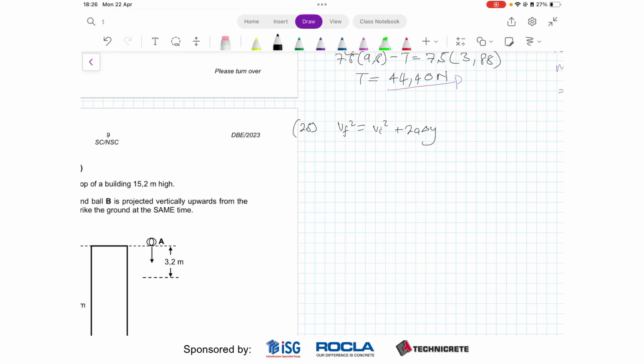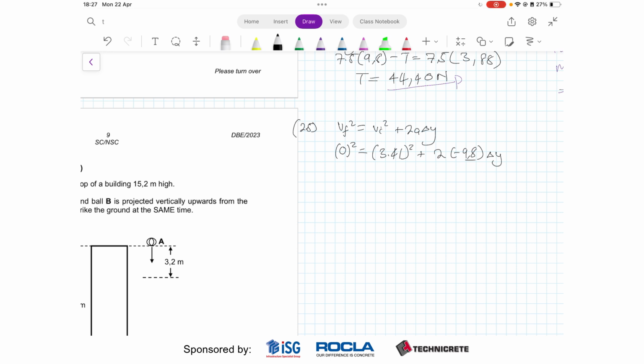So Vf is 0 squared, V initial is 3.41, remember, because we are choosing upwards as positive this time, plus 2 into minus 9.8, because why? That is the gravitational acceleration, okay? Delta y.